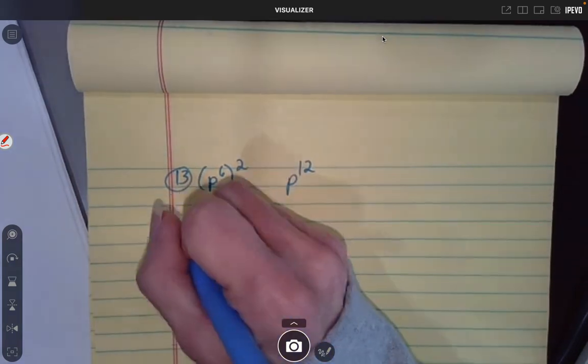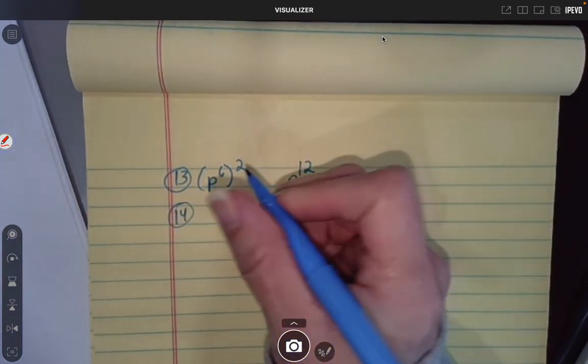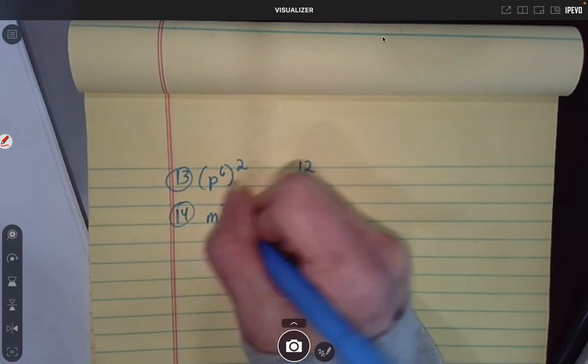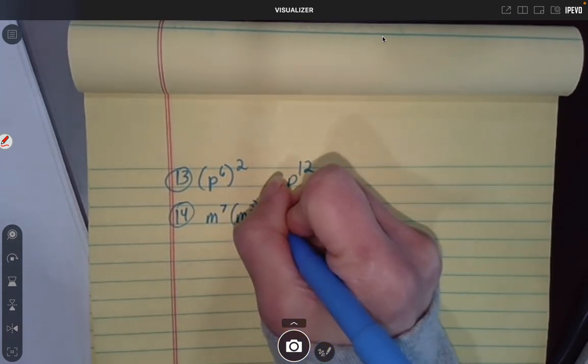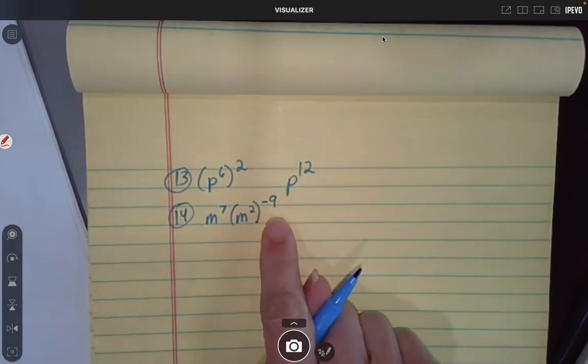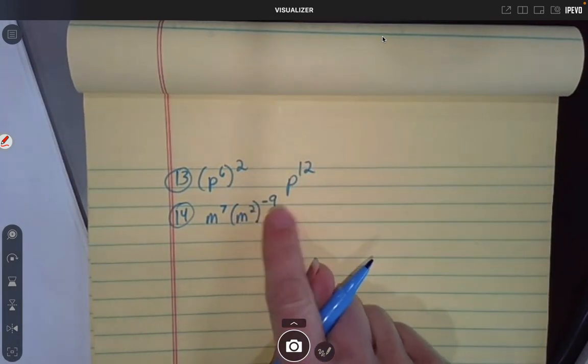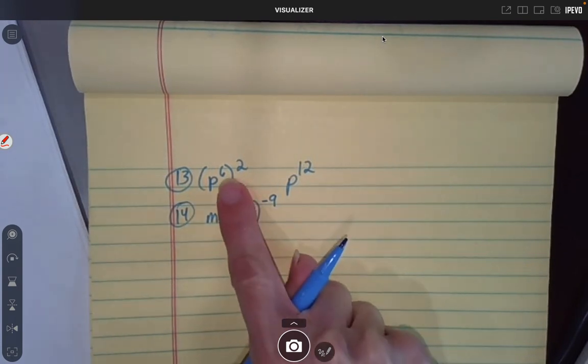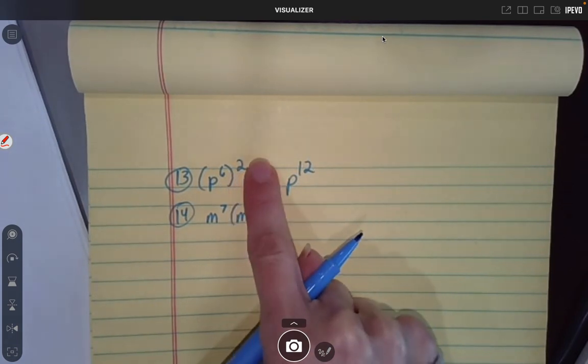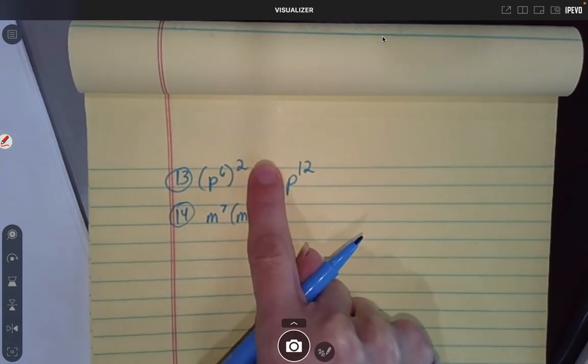All right, number 14. So these two, that's what I need to do first. What do I do with those two numbers? Multiply. Okay, it's just like 6 and 2 when they're like a power to a power, multiply.